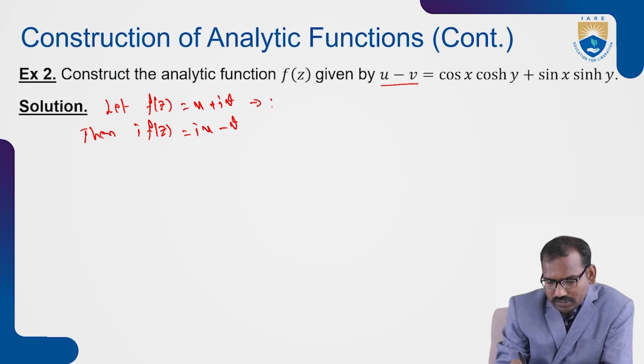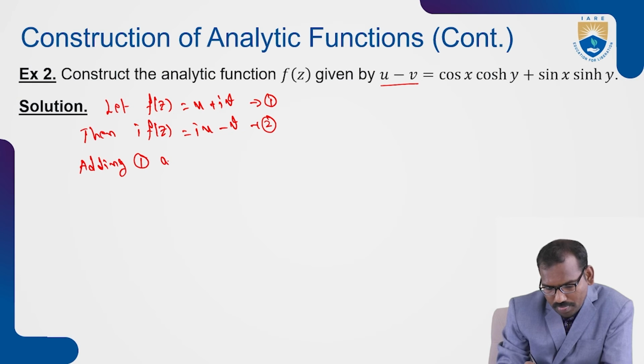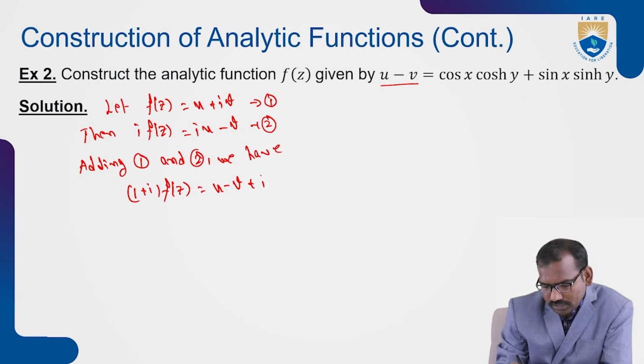So adding 1 and 2, we have 1 plus i times small f of z, which is u minus v plus i times u plus v.